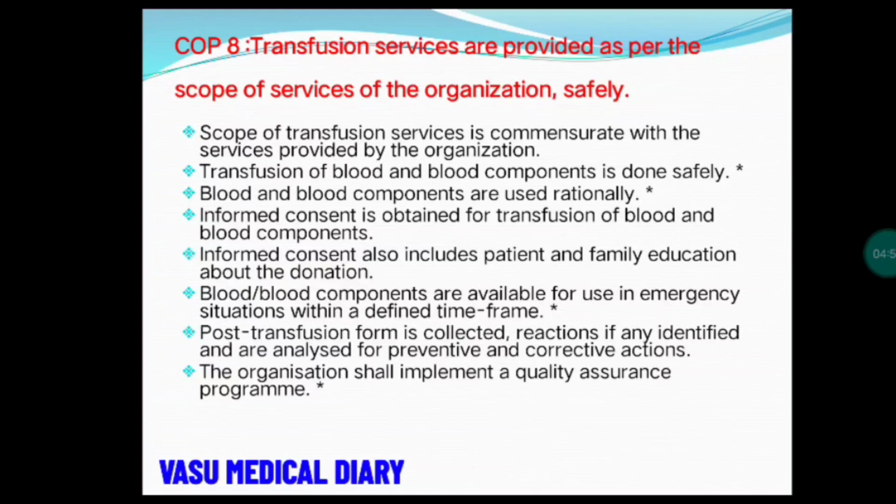Blood and blood components are always available for use in emergency situations within a defined time frame. So in case of any emergency within a defined time frame, you should be able to get blood for the transfusion. Post-transfusion form is collected, reactions if any are identified, and they are analyzed for preventive and corrective actions. The organization shall implement a quality assurance program.